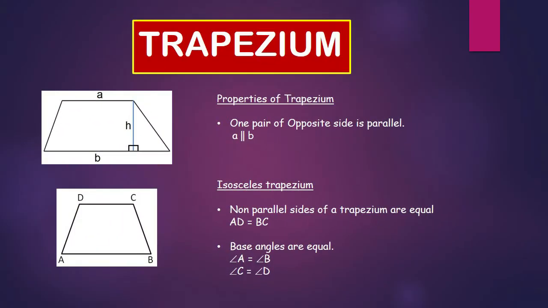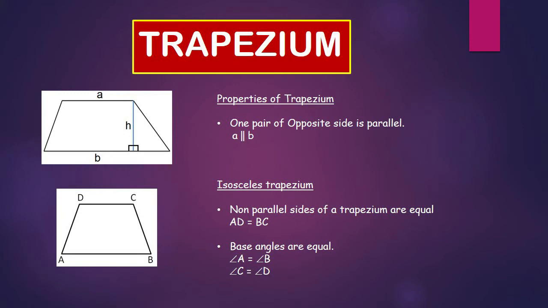Trapezium is our next quadrilateral. Trapezium is a quadrilateral which has only one pair of opposite sides which are parallel. So here in this quadrilateral, line A is parallel to line B. This is the only property which the trapezium has. Now in trapezium, if the non-parallel sides are equal, then it is called isosceles trapezium.